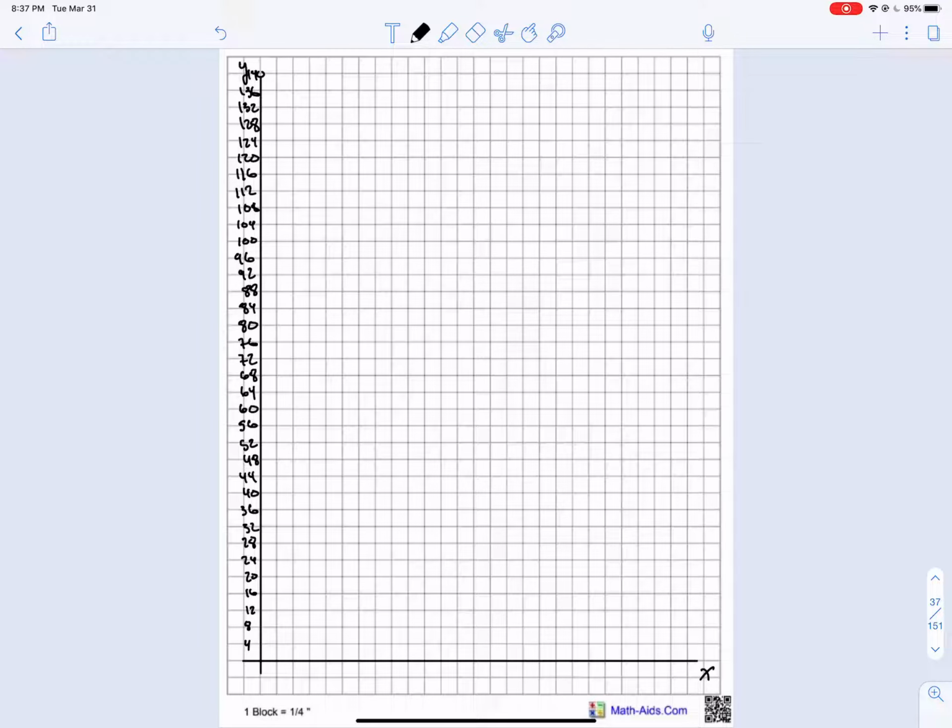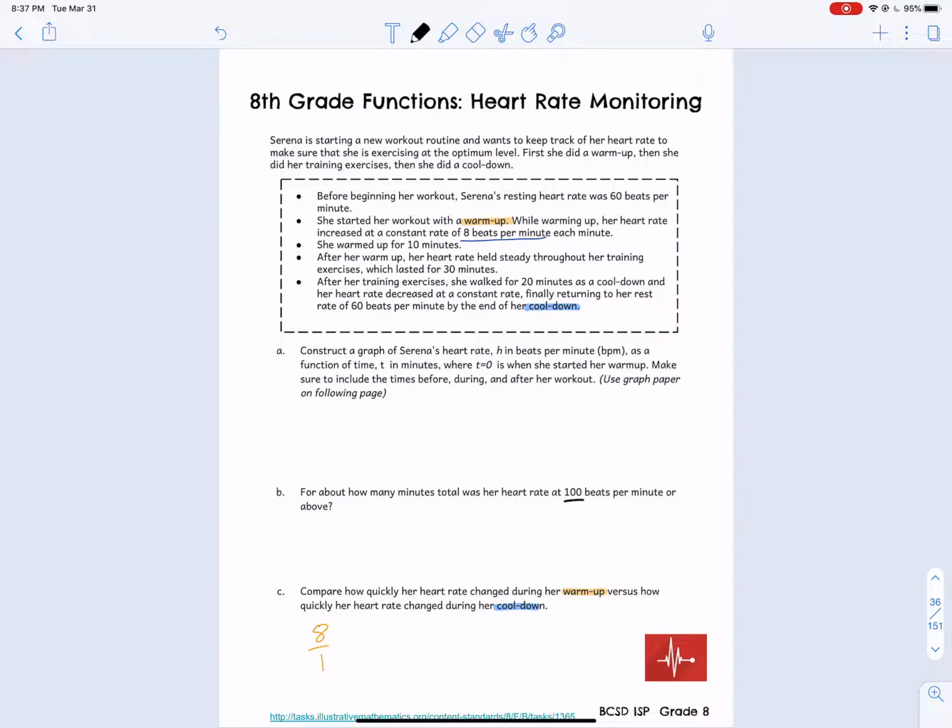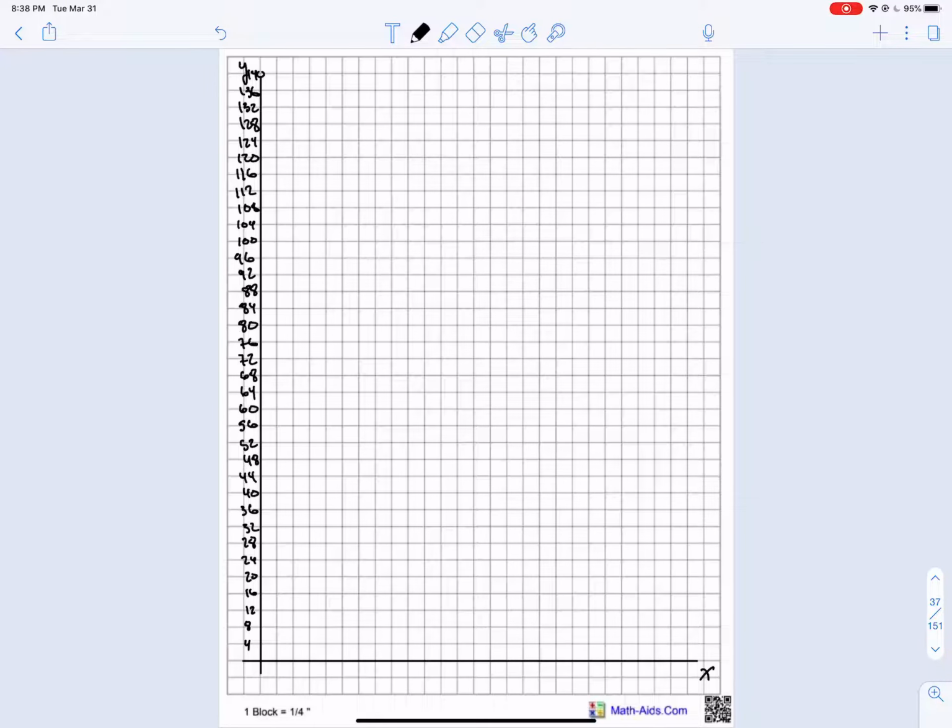For the x-axis, she warmed up for 10 minutes, she exercised for 30, and she cooled down for 20. So that's 60 minutes total. Maybe we can count by fours as well. 4, 8, 12, 16, 20, 24, 28, 32, 36.